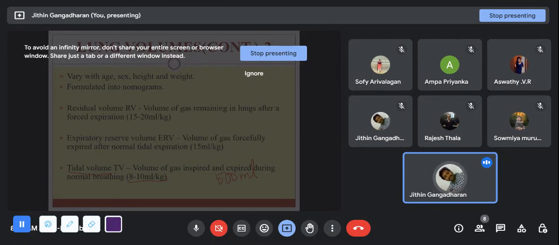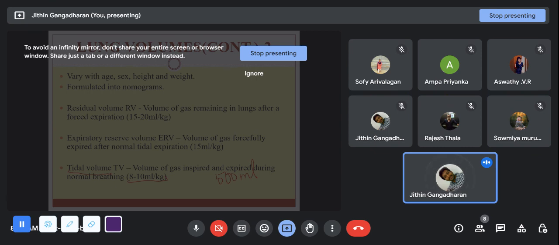Next one is expiratory reserve volume, ERV. Expiratory reserve volume means air forcefully expired after normal expiration. You know what inspiration and expiration are, right? Inspiration means taking the air inside the body. Expiration means releasing the air outside the body through your nostrils.